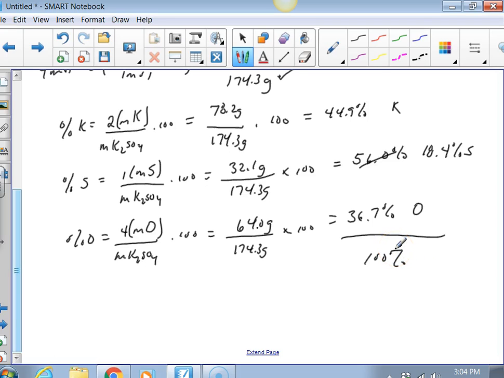So think about your answers sometime. Always check at the end. It could just be a simple keystroke, but when the answer does not come to 100, or at least so close that you can decide it's due to rounding, you should always go back and check and see where your mistake is.